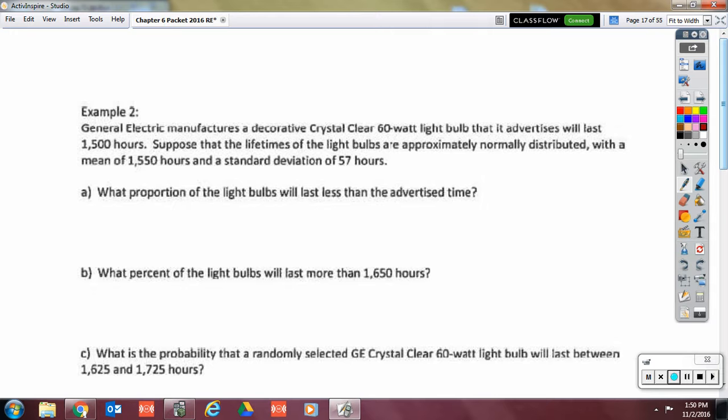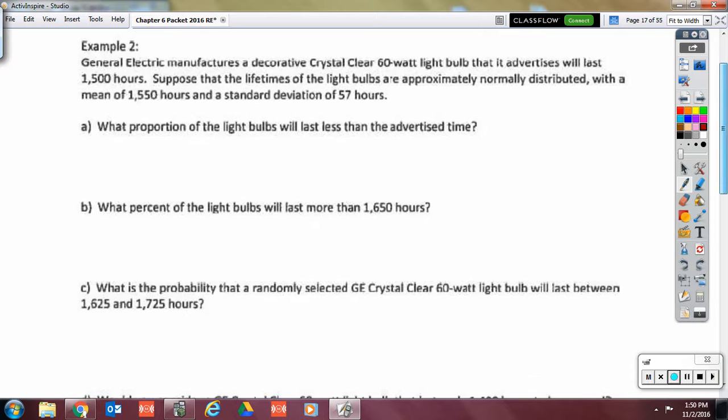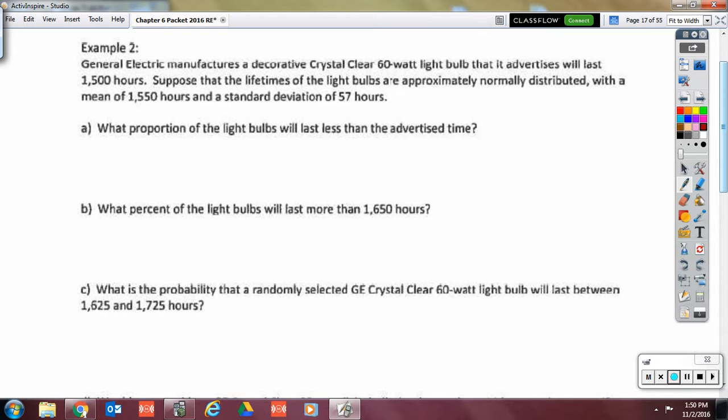I tell you what, let's go to this example 2 page. Actually, I think you could do this by yourself. So I would like to see you do example 2, and this would be the last one that we do. So do example 2, parts A, B, and C, and that'll be it for today. Let's see how you do on that.